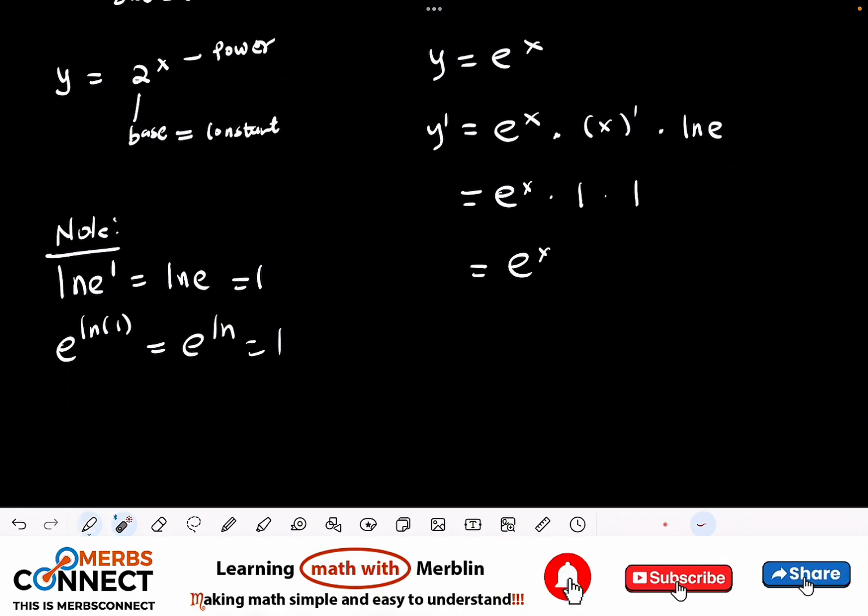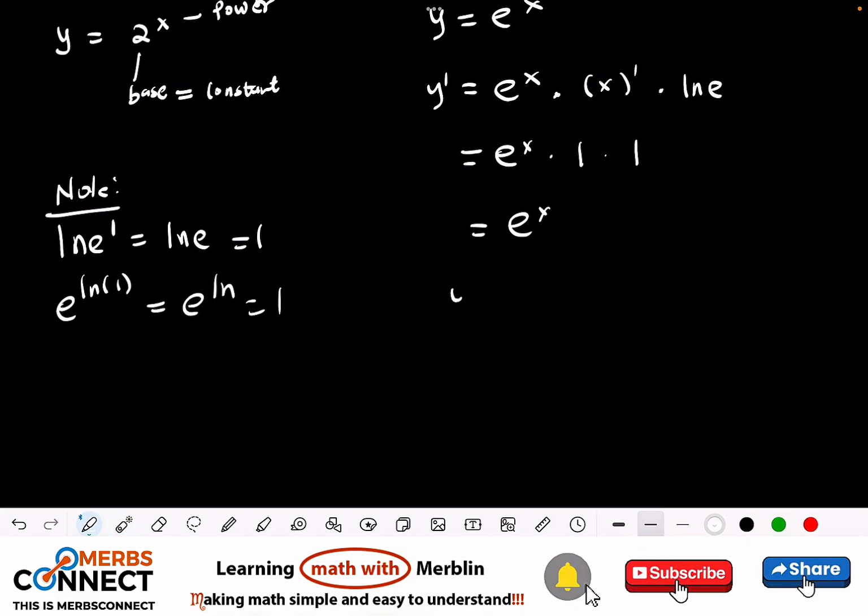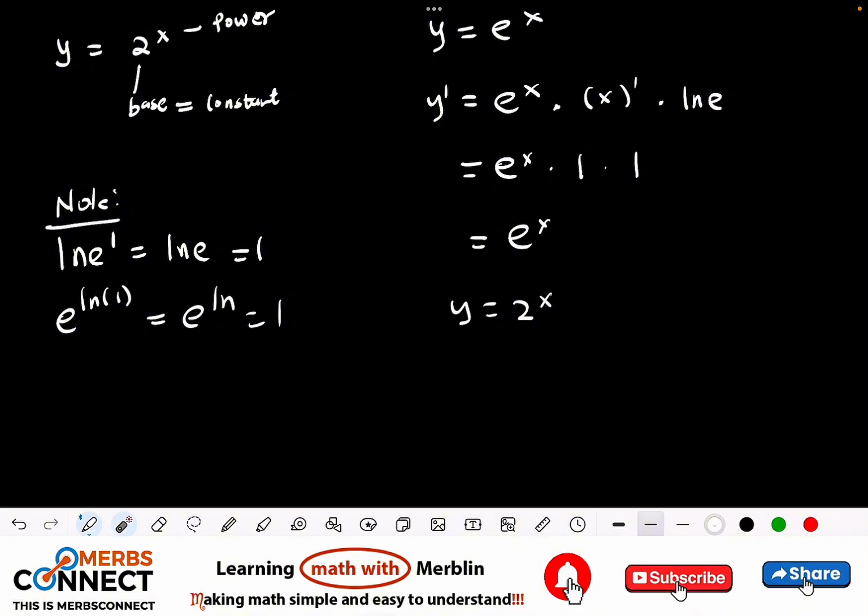Now let me do the same thing for y is equal to 2 to the power x. Now it's going to follow the same procedure, but one thing that we are going to learn from here is that the ln here is not going to be 1. So let's see. The same idea. y prime will be equal to, maintain the function, which is 2 to the power x, times differentiate the power, which is x, times ln of the base, which is 2.